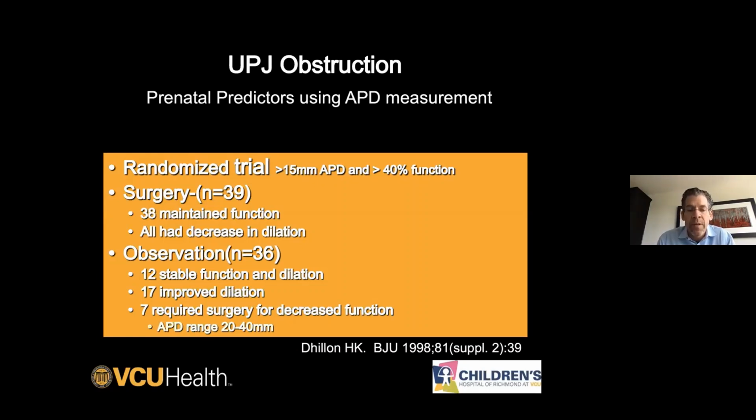Now, in the observation arm, interestingly, 12 of the patients had stable function and dilation, but 17 improved dilation significantly, and only 7 required surgery because of a decrease in kidney function. And that range of APD was 20 to 40.